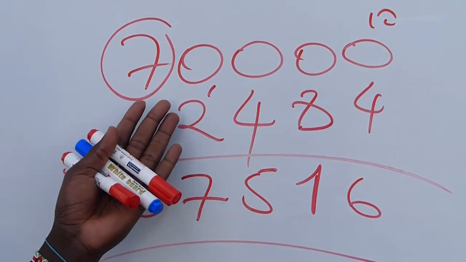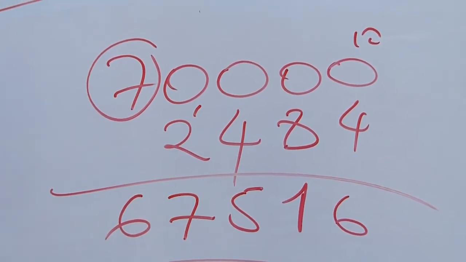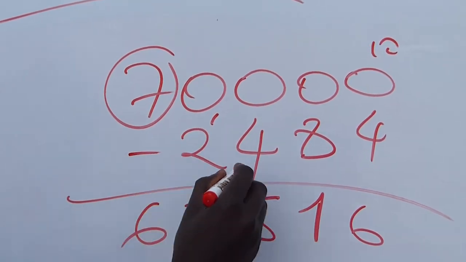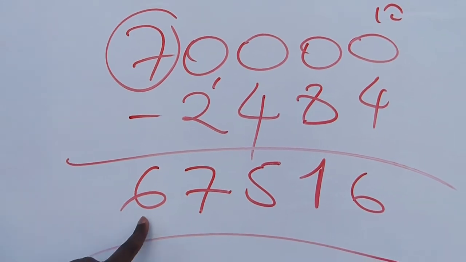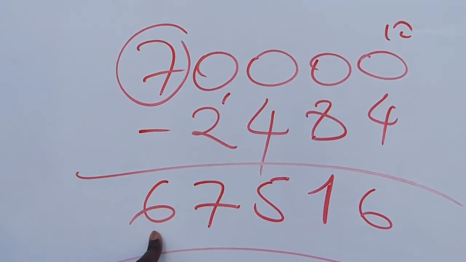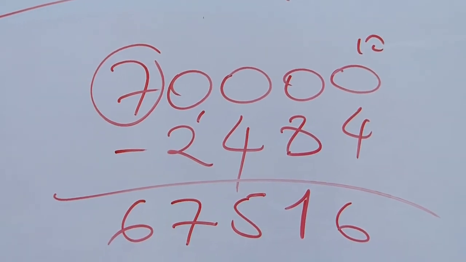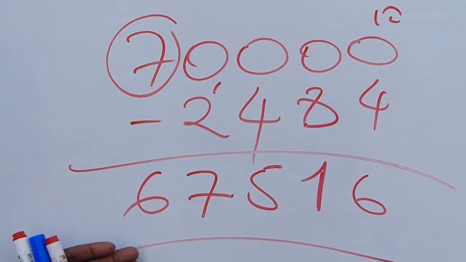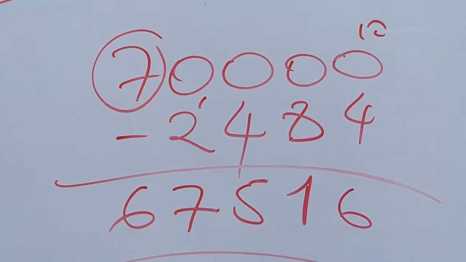In this case, the calculator is a waste of time, because before you key in 70,000 minus 2,400, I will have already gotten the answer. So that is the most important thing with mental maths, that you do things very fast, and that you have an edge while doing any mathematics.